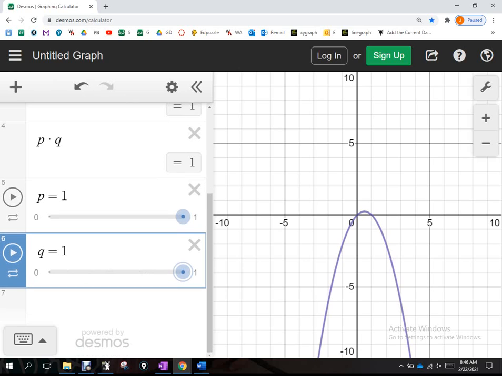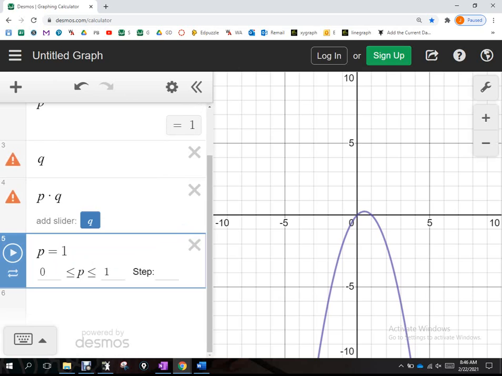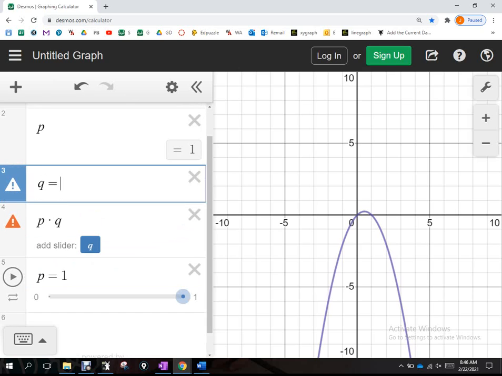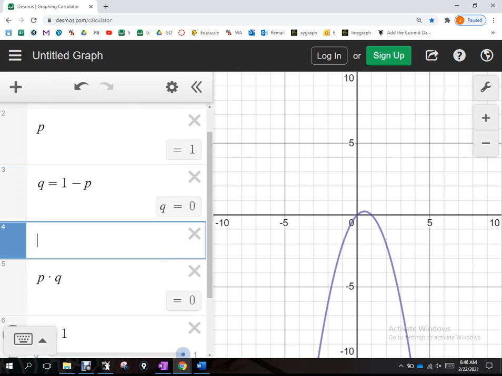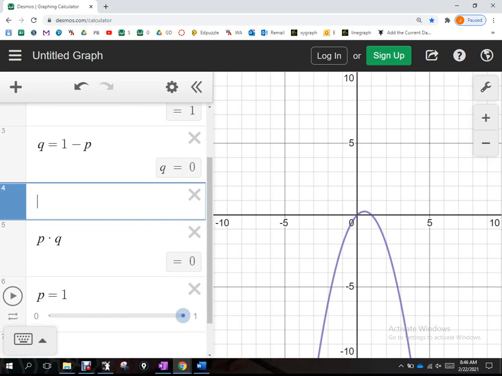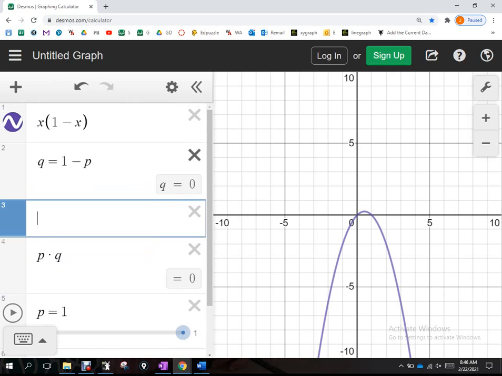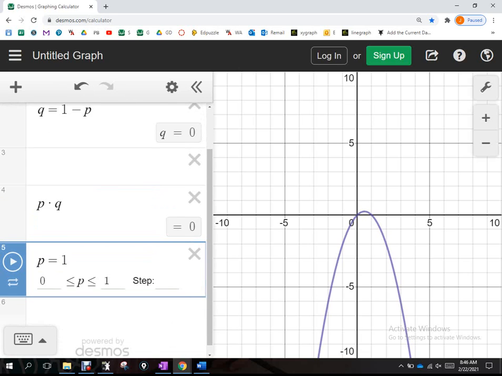Let's identify, how can I do this? There we go. Q equals 1 minus P. So I've got right here a formula for P times Q, or P hat times Q hat. I'm defining P to be a number between 0 and 1, and then Q will be its complement.